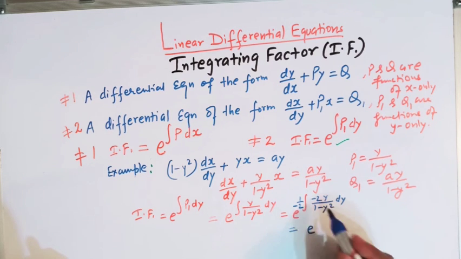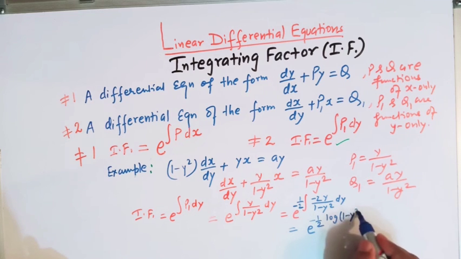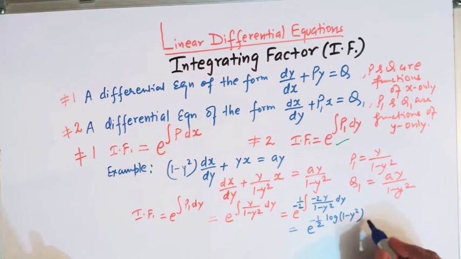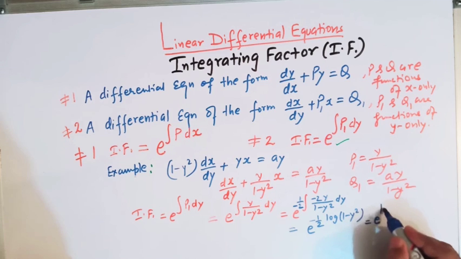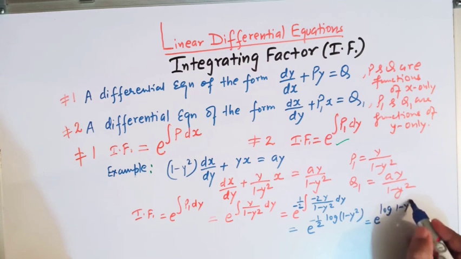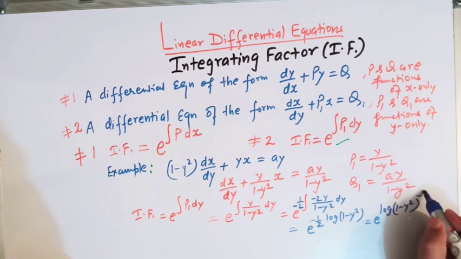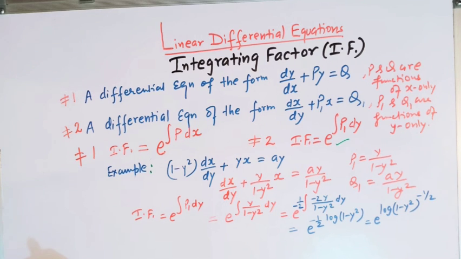Now see, the derivative of 1 − y² is in the numerator, so this becomes −1/2 log of (1 − y²), right? Now this can be written as e raised to log (1 − y²) raised to −1/2.